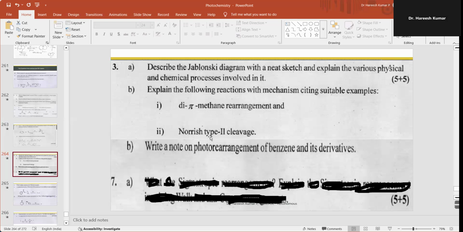Such reactions are called Norrish type 2 reactions. Then photochemical rearrangement of benzene and its derivatives. That means the Dewar structure, benzvalene structure, and then fulvalene structure you have to write, and how these products are obtained. That we have to discuss.